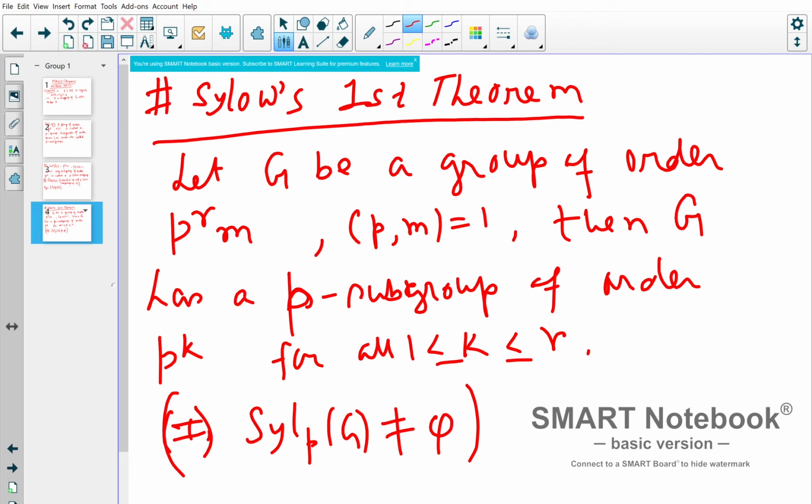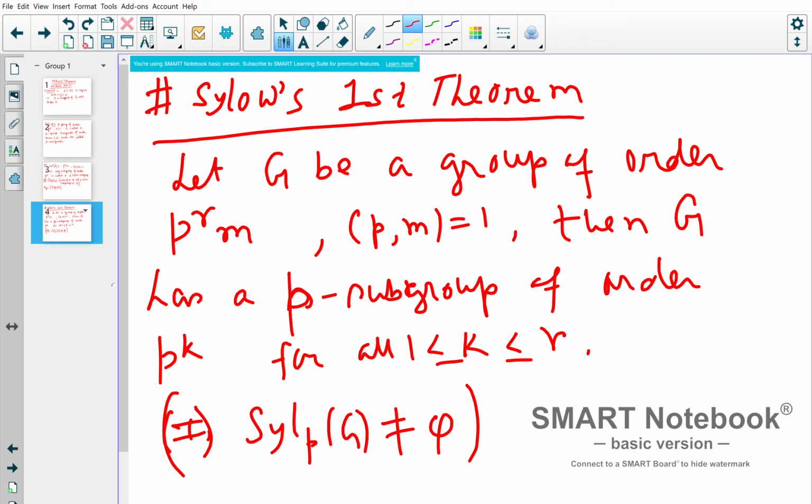So whenever you have a group G whose order is p power r times m, G has a p subgroup of every such order p power k, where k is arbitrary, anything between 1 and r.